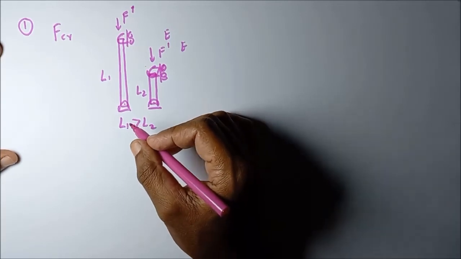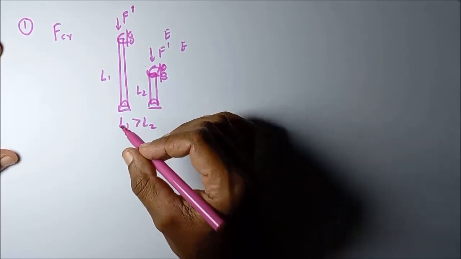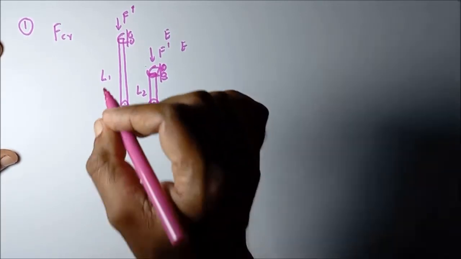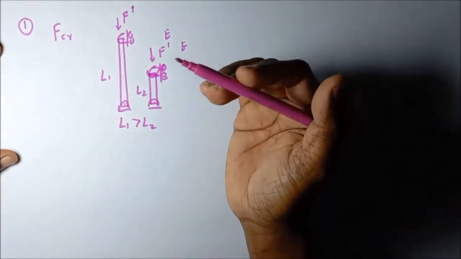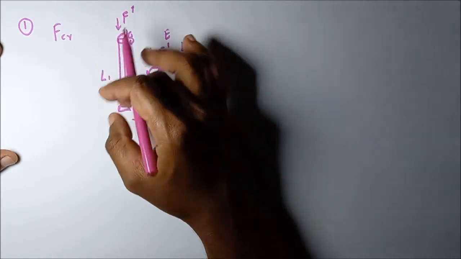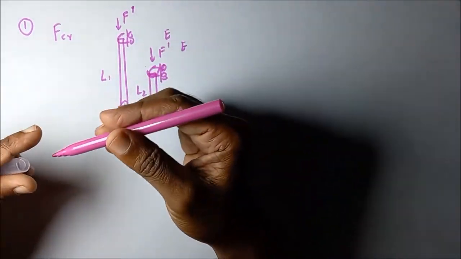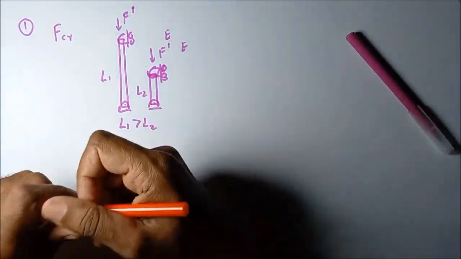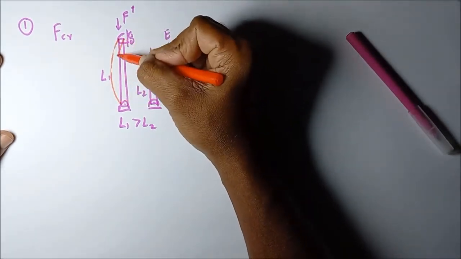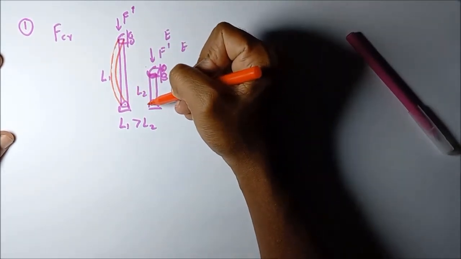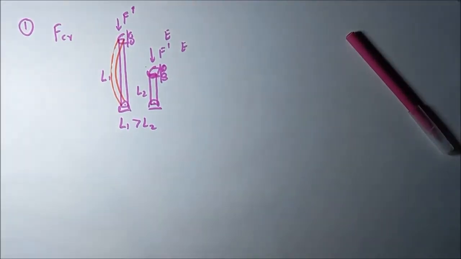Which one buckles first, the lengthy one or the shorter one? In a general sense, we can say the lengthy one has a greater possibility of failing due to buckling, forming this kind of curvature, than the shorter one.